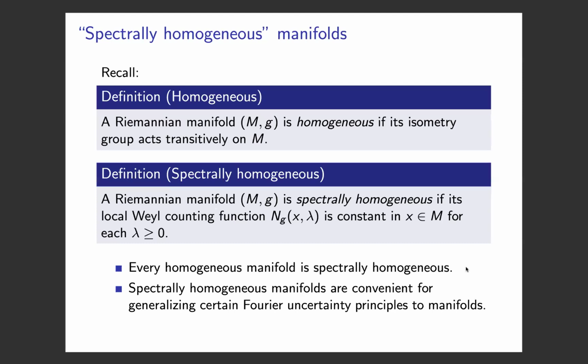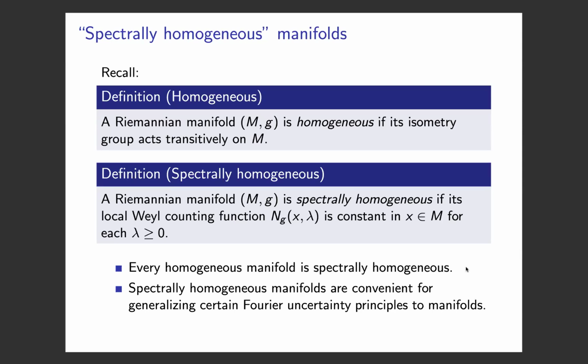So the second result that I'm going to present has to do with what I call spectrally homogeneous manifolds. And spectrally homogeneous is in scare quotes because I'm not particularly insisting that this becomes standard language. It's just convenient for the sake of the talk, this definition. Right, so a homogeneous manifold is one whose isometry group acts transitively on the points.